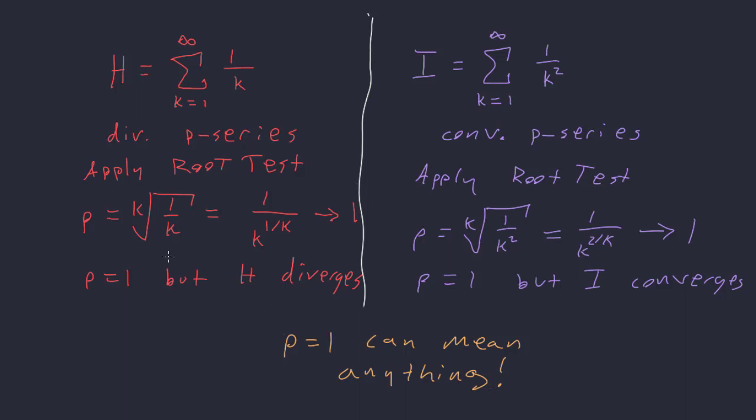Now, also, there's the glaring thing here that we would not likely use the root test for these problems, but this is just to show two cases where the root test does not tell us anything, but we already know how they behave.